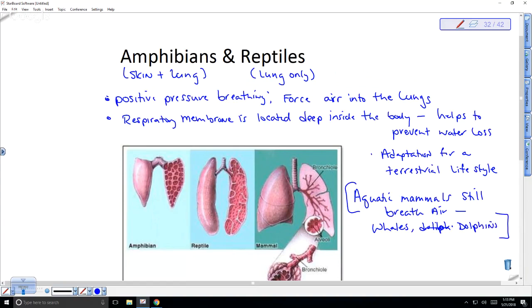Why do you think that aquatic mammals breathe air rather than having gills? There's a couple possible explanations for it. Where did they come from? They came from a terrestrial ancestor.